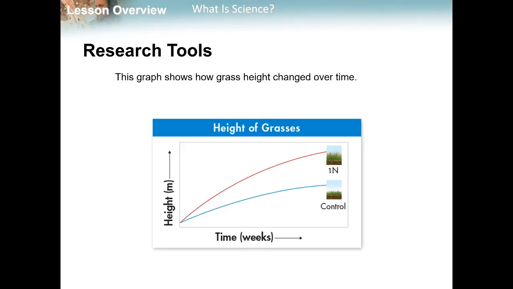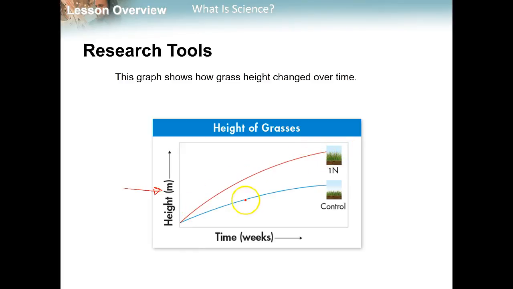So here's one of our tools. We're going to use a graph, and what we did is we took our time and we observed this grass over a couple of weeks, and we recorded the growth in height. And in science, we're going to use the metric system, so we're going to measure that in meters. We're going to notice that it started off a little bit slow, if we can follow my dot, and then it gradually increased.